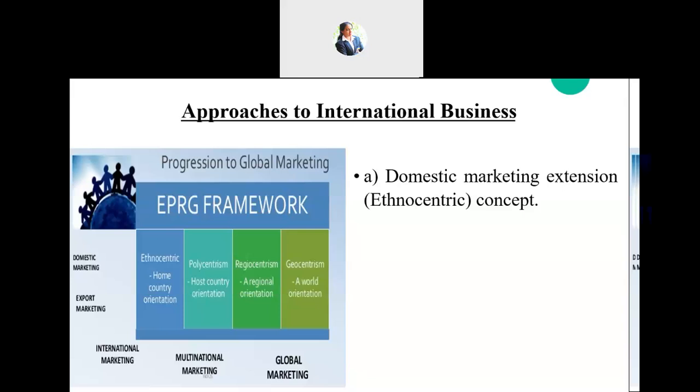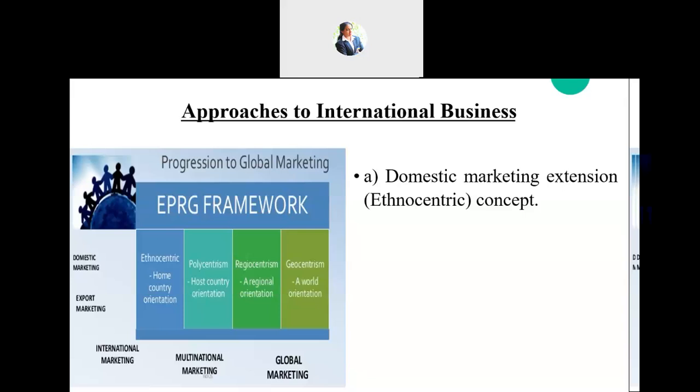Now, being ethnocentric in nature, these companies always work on the notion that the products that they are producing are highly successful in the home country and can be sold in the markets without any further adaptation.